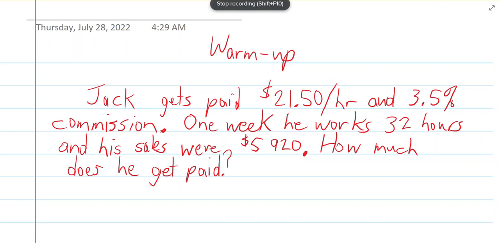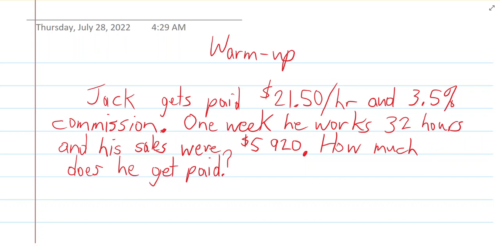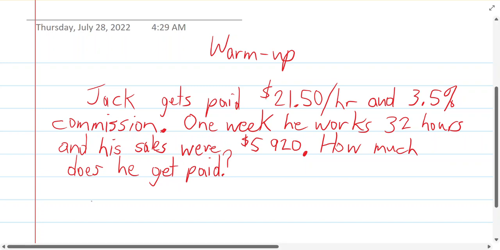Okay, so hopefully you got it copied down now. So let's begin solving this a little bit, or just talk about how this works. First of all, you got to figure out what his hourly pay is. So working for his pay per hour, it will be $21.50 per hour times 32 hours, or vice versa. That's fine as well.